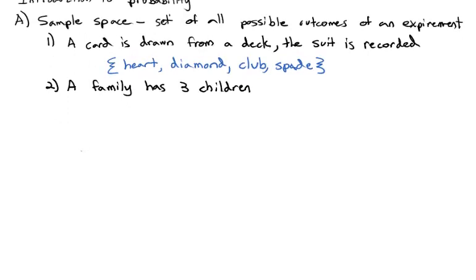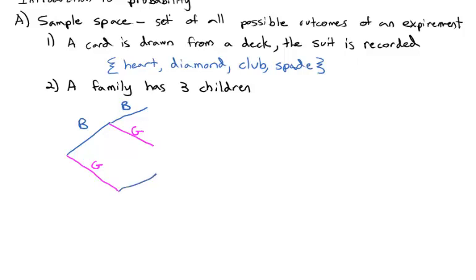Well, the first child could either be a boy or a girl, right? We'll use B for boy. The second child then could be a boy or a girl. And it doesn't matter which case we have.